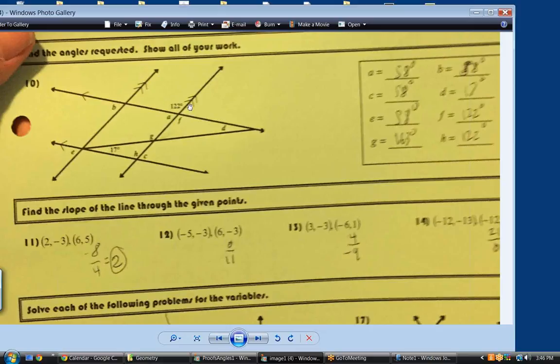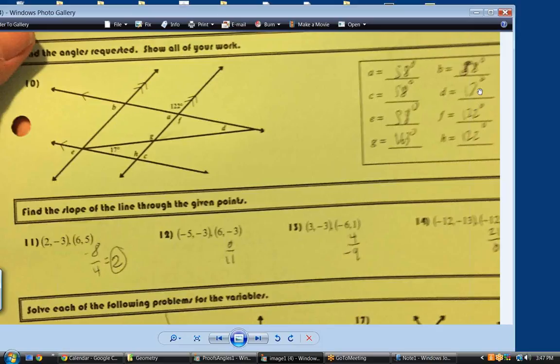But had they not labeled any numbers here, you know what I mean by perspective? Yeah. In other words, we're not looking at it head on. We're looking at it from an angle. And sometimes when you look at some of these drawings from an angle, you can't really determine which is the acute and which is the obtuse. In this particular case, you can, at least some of them.